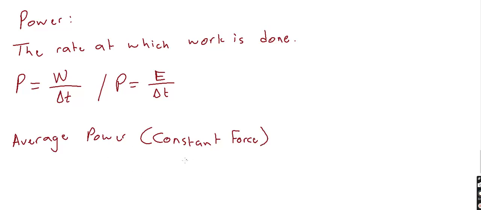Normally, how will we know? It can be a net force, by the way. We know this because they will tell us that the average velocity is so and so. So the formula for average power is just going to be that force that we are interested in multiplied by the average velocity.